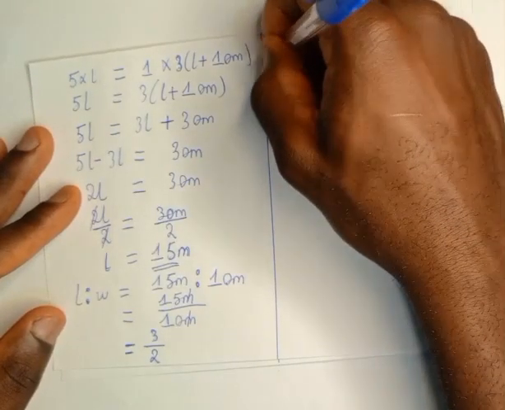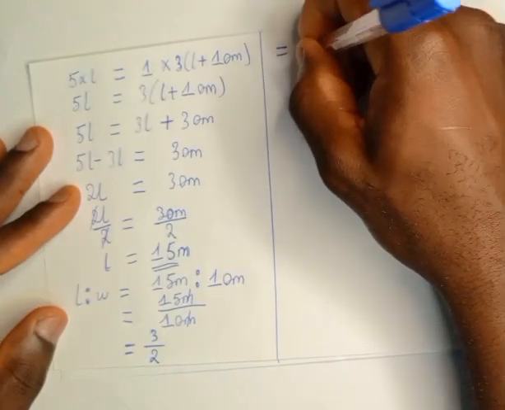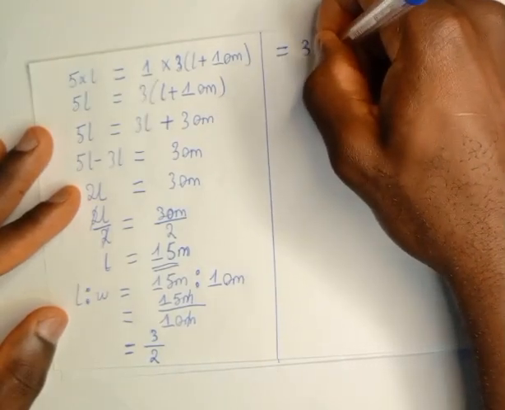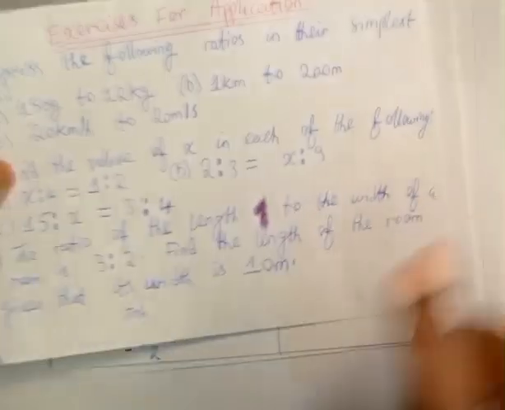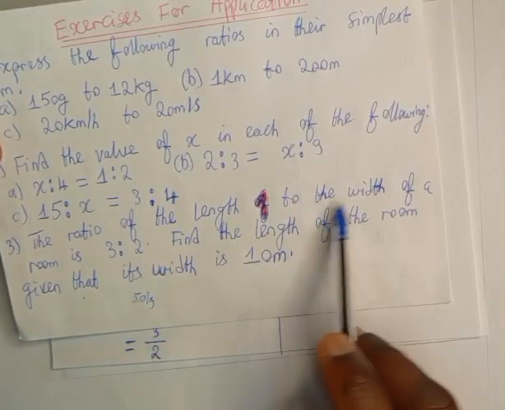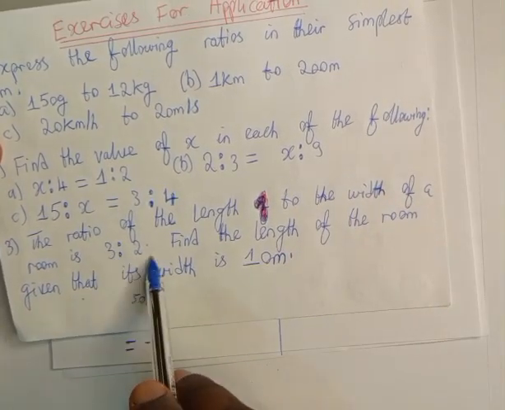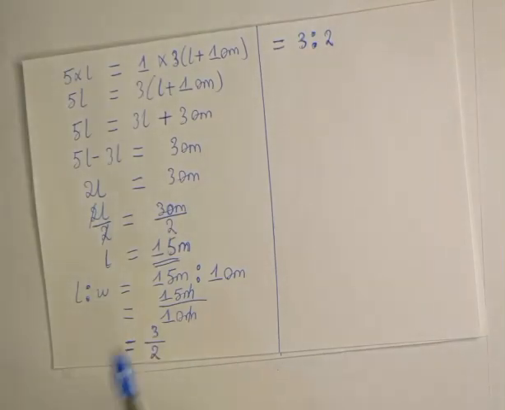This will simply be equal to 3 is to 2, which is what we have been given in the problem, because the ratio of the length to the width of a room is 3 to 2. This is it. So it proves that the length of the room is 15 meters.